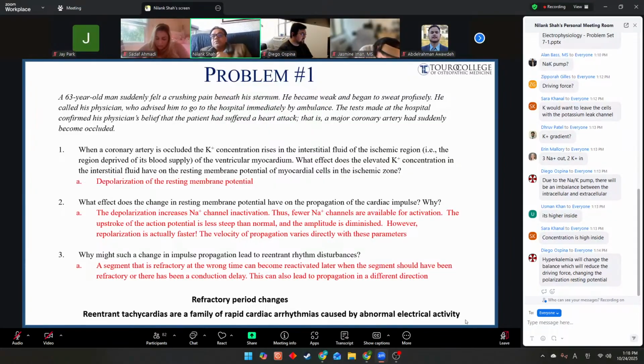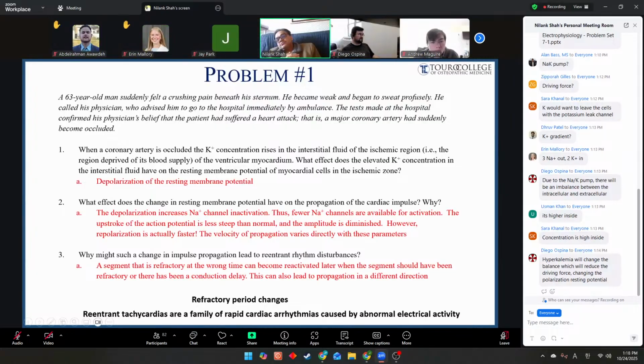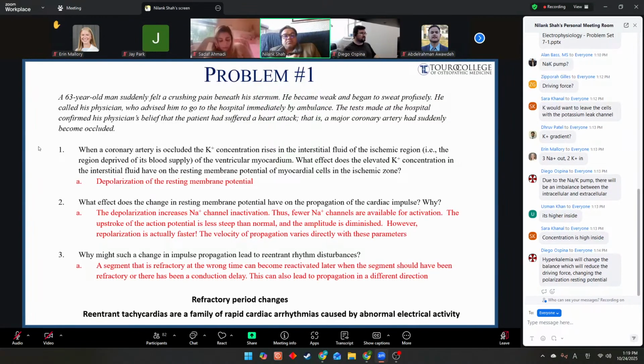You have a high level of potassium in the ECF now, so what would happen because of that? Writing in the chat, it will be very hard for me to see that. And I'm going to come to the sodium potassium ATPase pump as well. I'll talk about that. How hyperkalemia will change the resting membrane potential.